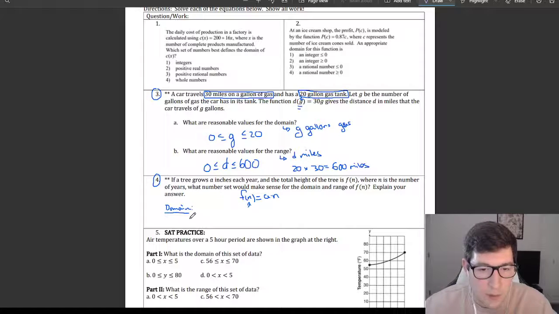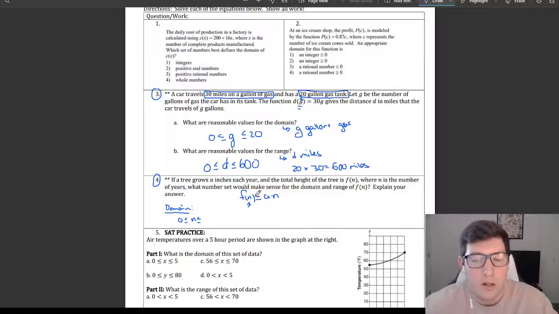So when we're looking at time, once again, you'll find for a lot of these, when we put them in real world context, it doesn't make sense to have negative numbers, right? We can't have a tree be -1, -2, or -5 years old. Doesn't make sense. And so I'm once again going to start at 0 is less than or equal to n, which is less than or equal to... Well, now we need to think, is there any restriction for this?